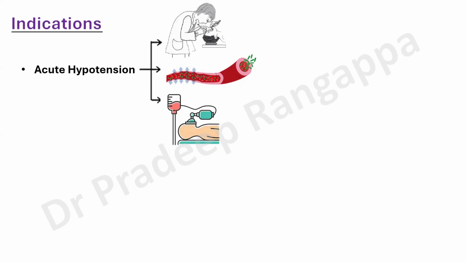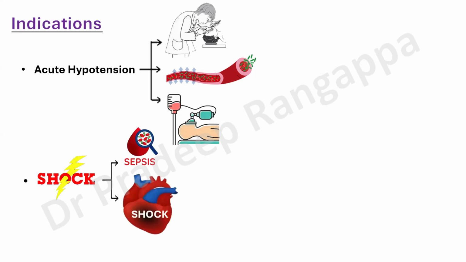That is what we need to keep in the back of our mind. And in any shock, septic, distributive, or cardiogenic, as an acute crisis control, we may have to use push dose or bolus dose vasopressors to gain control over the blood pressure.